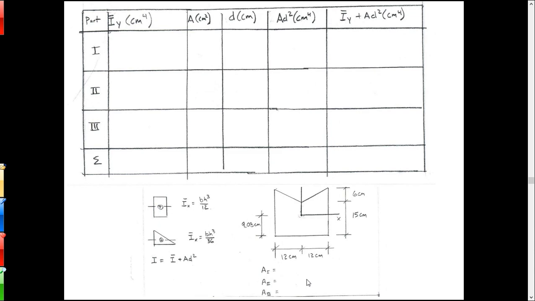The general way we define this stuff is the base is parallel to the axis, the height is perpendicular to the axis.